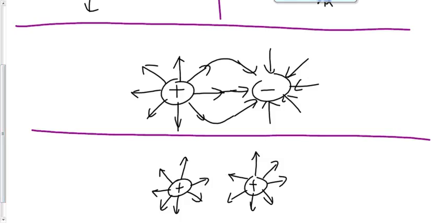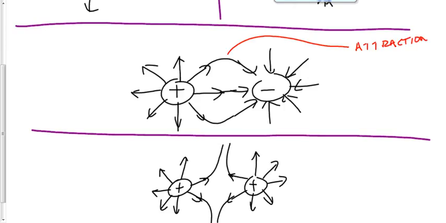Rather, they repel each other. It would look something like this. Field lines never join up. When the field lines join like this, we get a force of attraction between the two charges. Positive and negative attract. When the field lines don't join, we get repulsion.